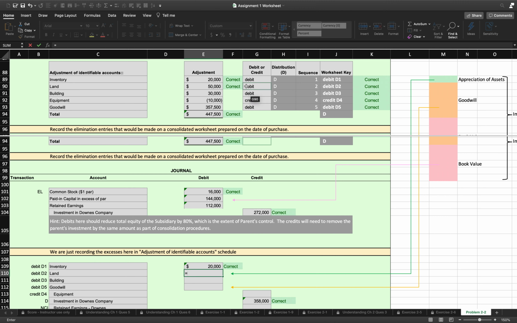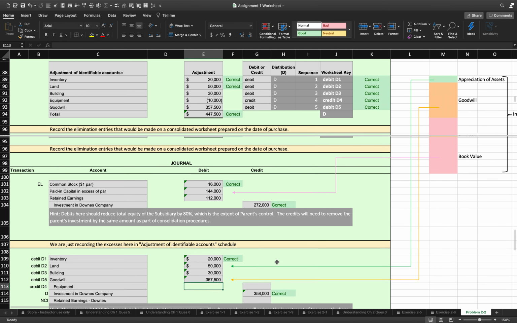Land would increase by 50,000. Building is an increase of 30,000. Goodwill, we determined way back here, was an increase of 357,000.